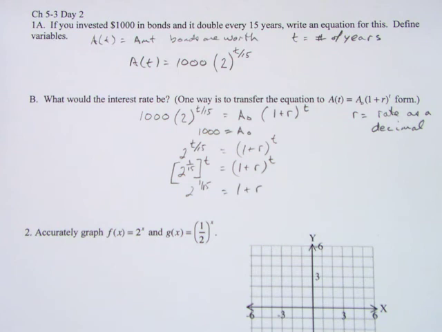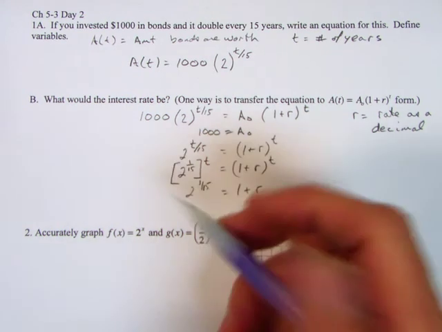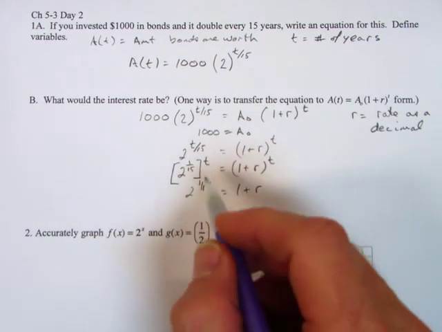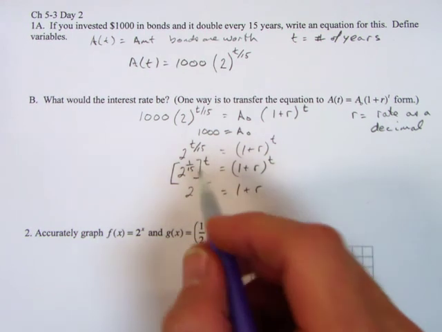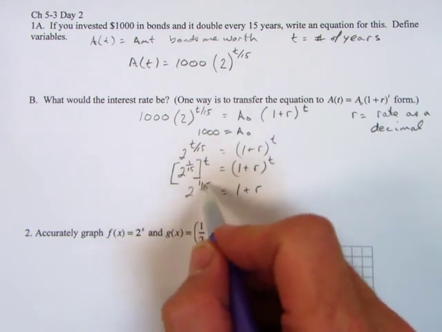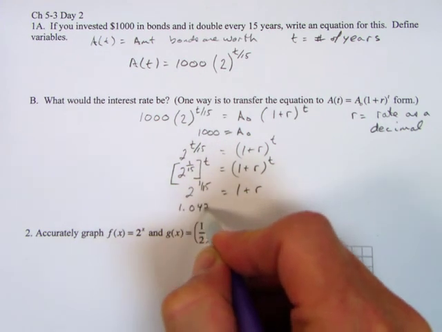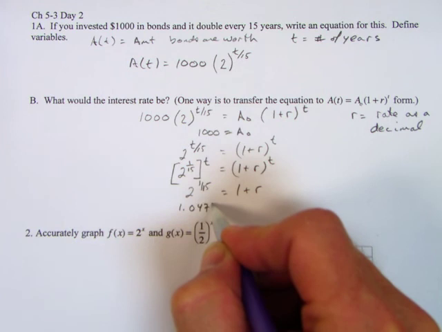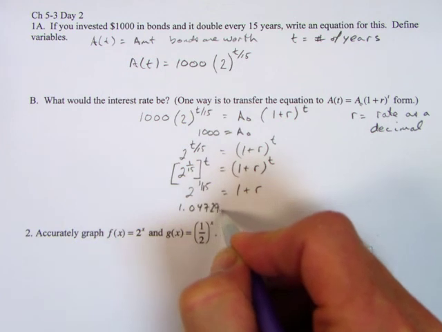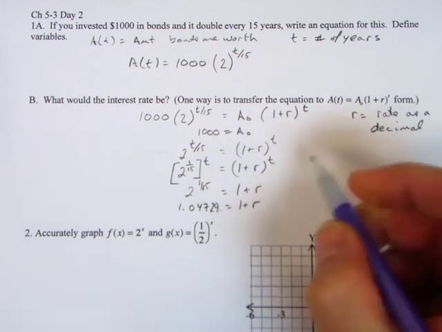So what we need to do right now is just do this calculation. If you take out your calculator, do it just to make sure that you are doing it correctly. It's 2 exponent parenthesis 1 over 15. You get 1.04729 and so on, equals 1 plus r.